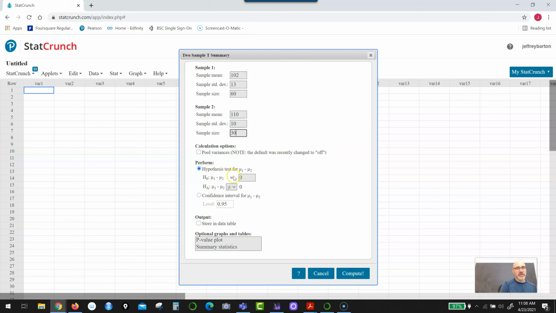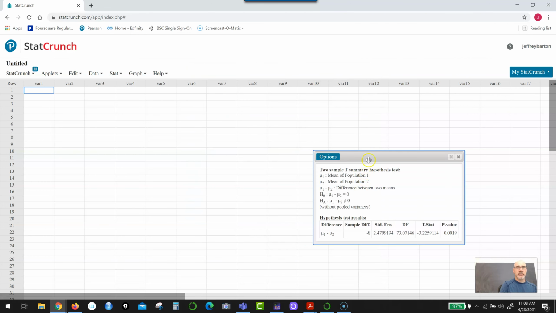And I'm going to do a hypothesis test where the null is no difference and the alternative is not equal to. So I compute that. And this is where the p-value I used in the video for the example came from, this p-value of 0.0019.